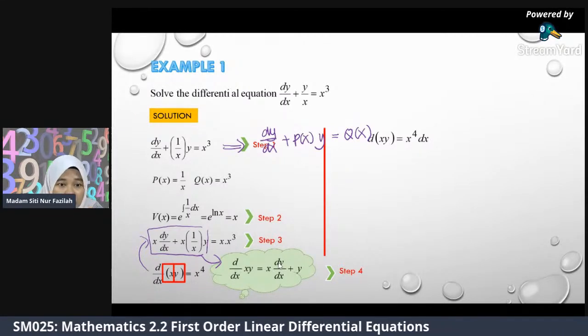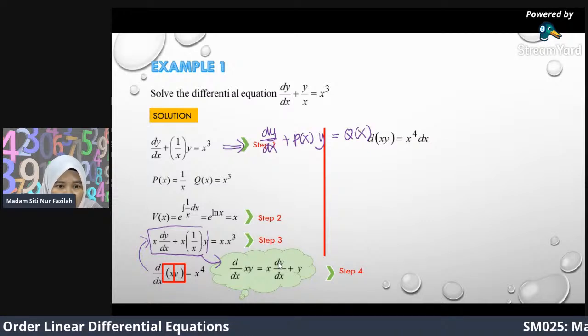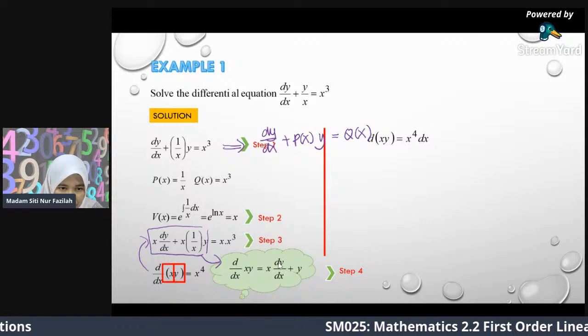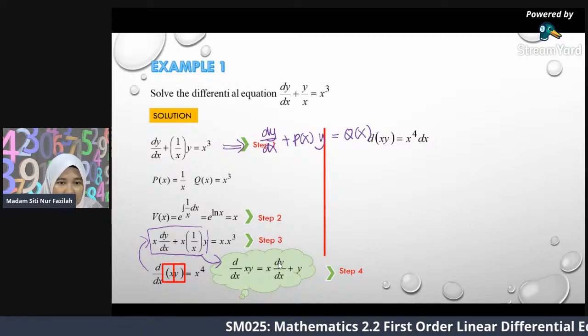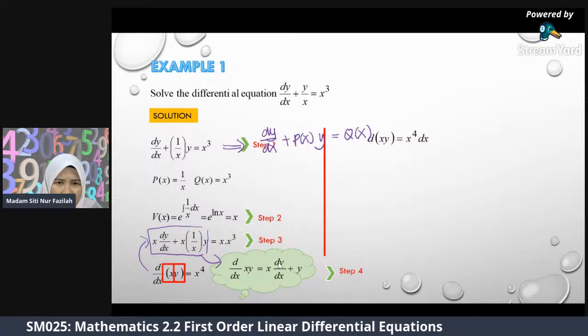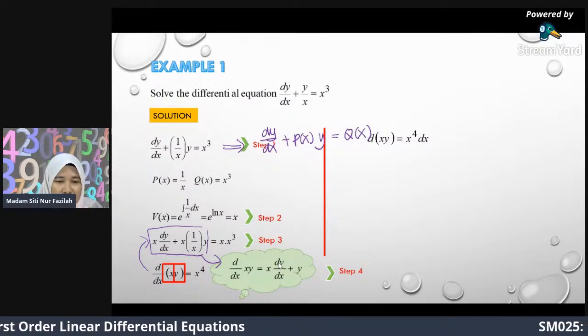Before we go to step 5, we need to multiply dx on both sides. In step 4 we multiply dx on both sides, which is why we get d of xy equal to x to the power of 4 dx.